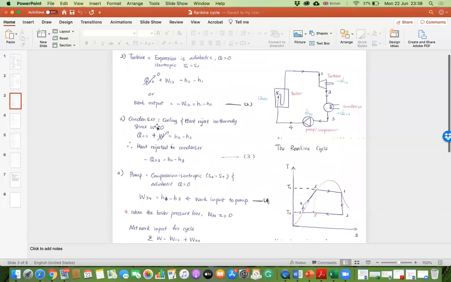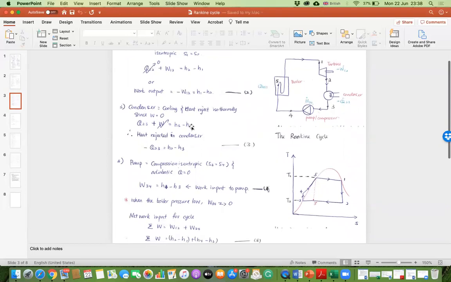So the condenser is 2 to 3. What happens there is the heat is rejected isothermally. Let's check again. 2 to 3, yes, is a constant temperature. So at this part, we don't have work.